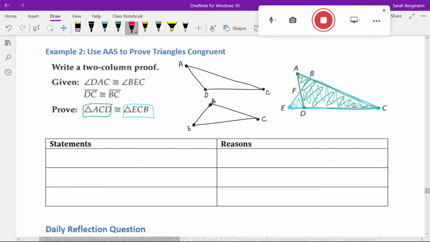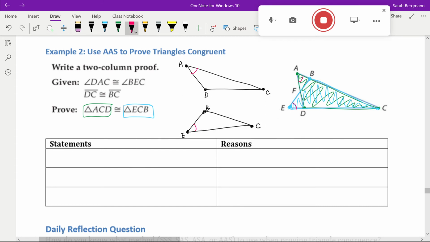Now let's see what we're given. We're given that angle DAC is congruent to angle BEC. You can label it in one diagram or both. At least label it where you drew it out separately, at a minimum.